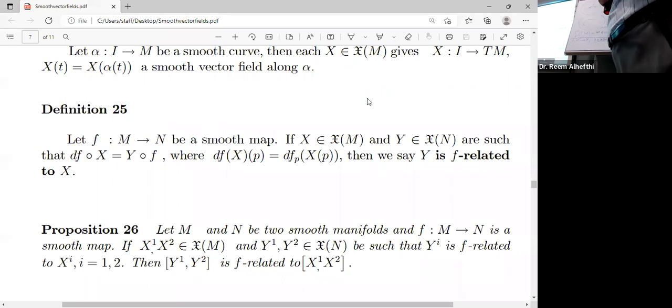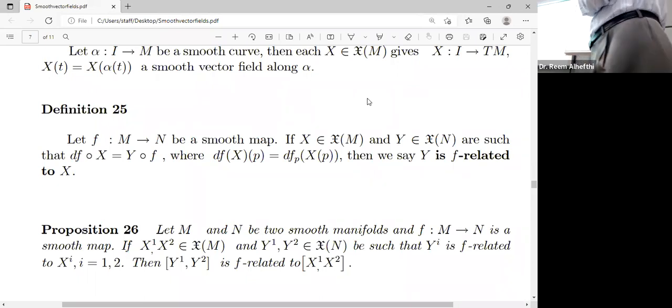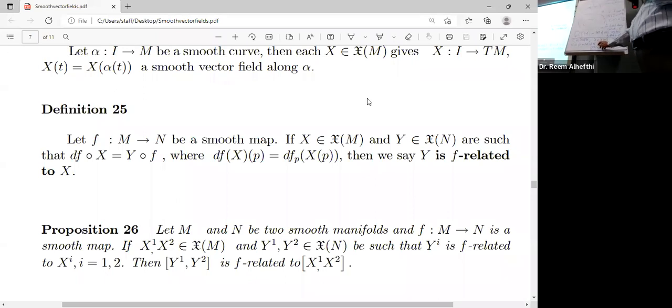You say this vector field Y is F related to X if dF of X should be equal to Y circle F. Then you say that this vector field is F related to this vector field.